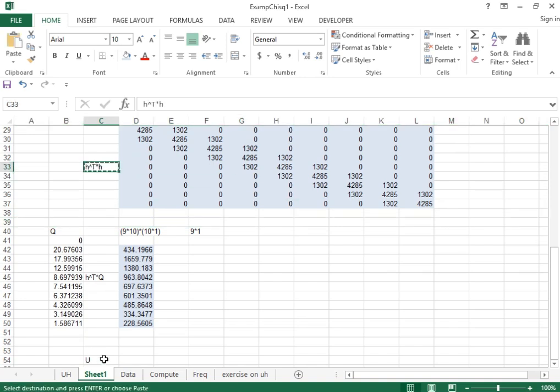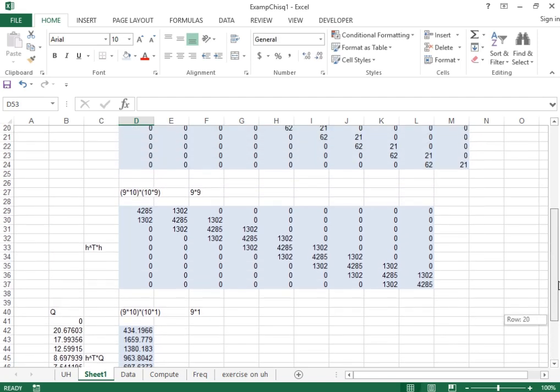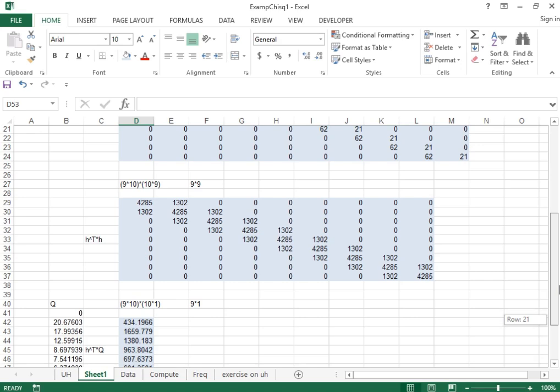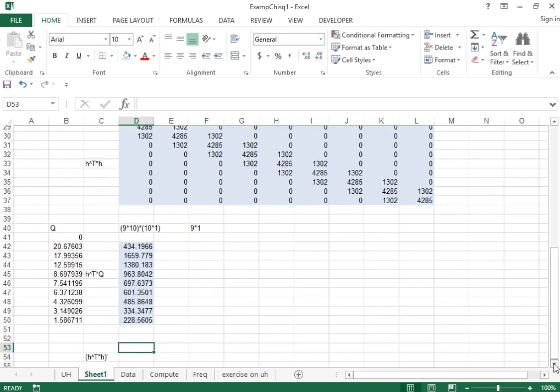Copy. I have to do the inverse of this one first. The inverse of this matrix is a 9 by 9 matrix.